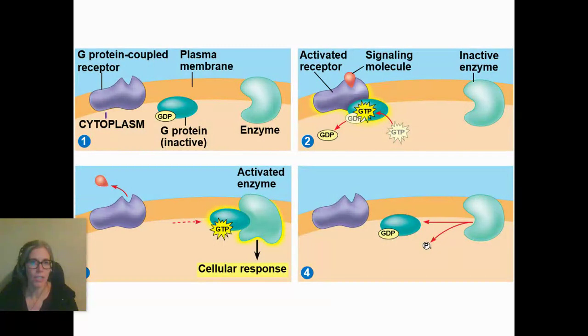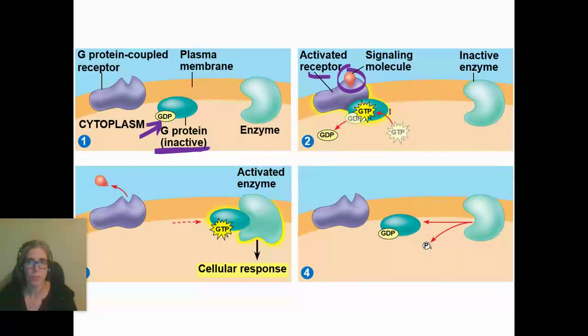Here's the G protein receptor with no ligand. So everything here is inactive. The GDP is what's showing you that it's inactive. Once the signaling molecule, the ligand, attaches to the receptor, now it changes the shape in here of the receptor.